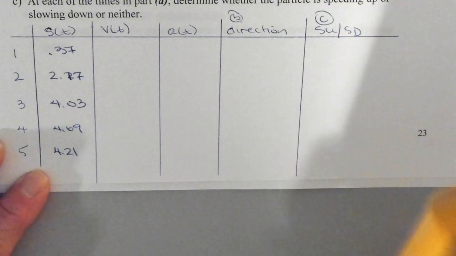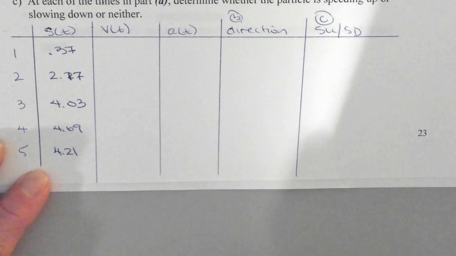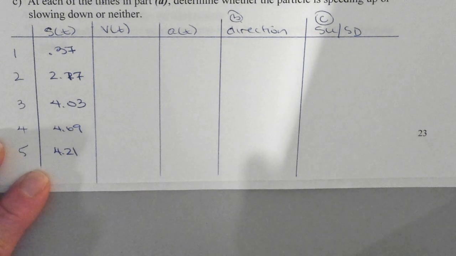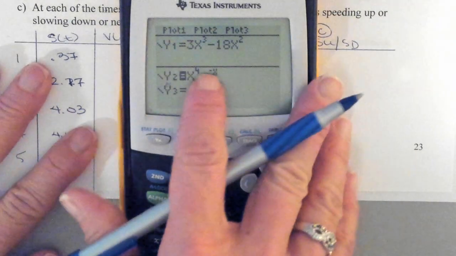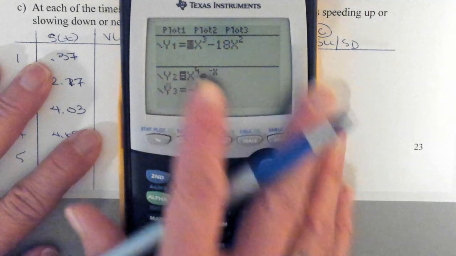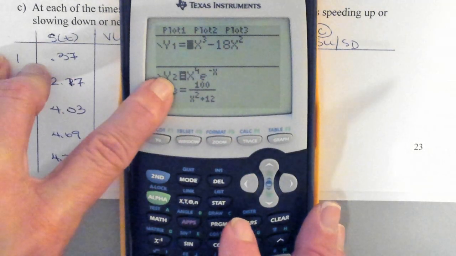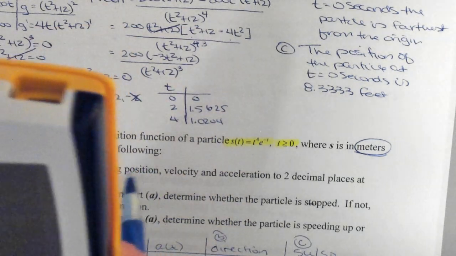Okay. So here I have my position. If you have in your calculator the first and second derivatives still in y equals, if you go back in here, if your function is in y sub 1, you're going to be good to go. I have to fix mine because mine's in y sub 2. So don't worry about what I have.